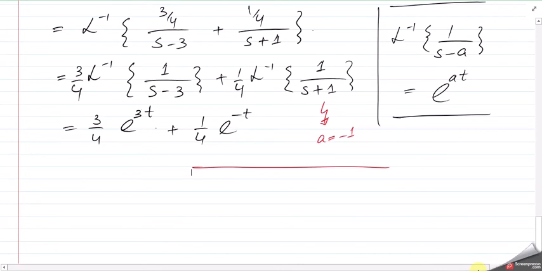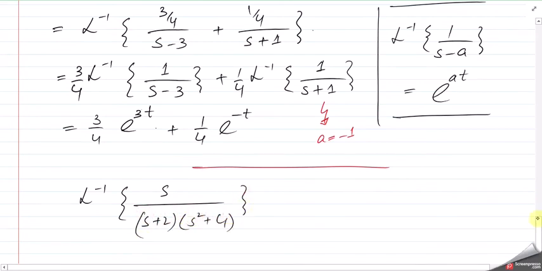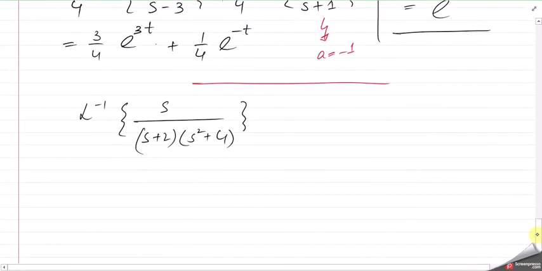This time we will try one linear and one quadratic. For example, Laplace inverse of s over s plus 2 s square plus 4. This is factorized already. It is already in the product form. So first we write s plus 2 s square plus 4.